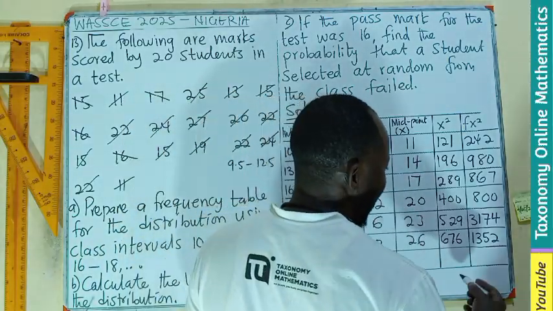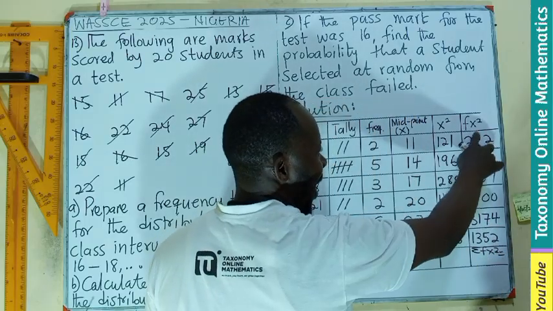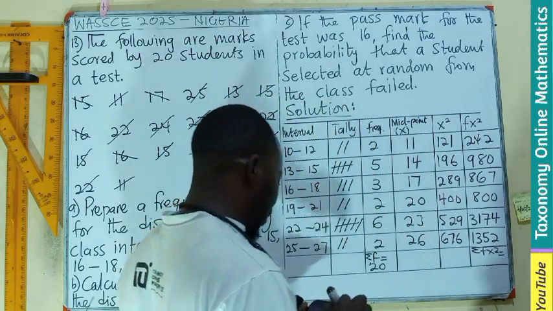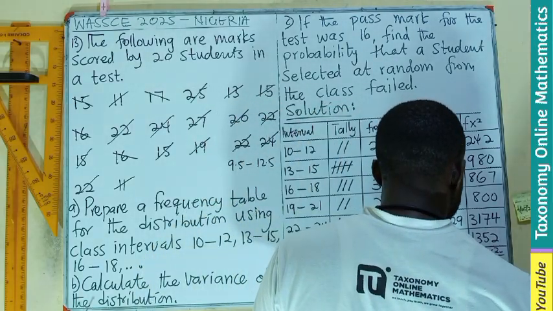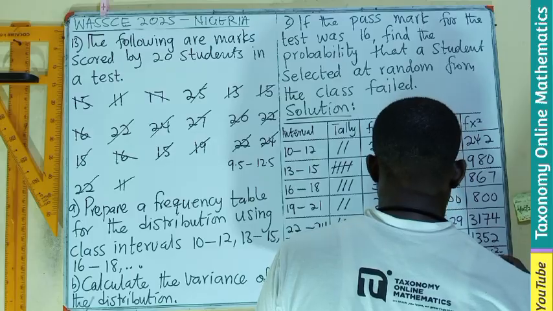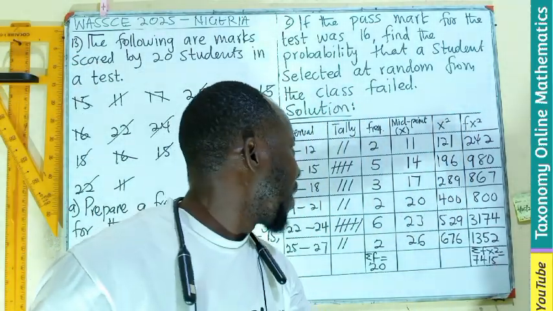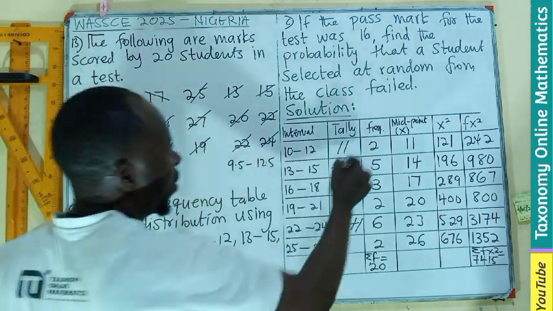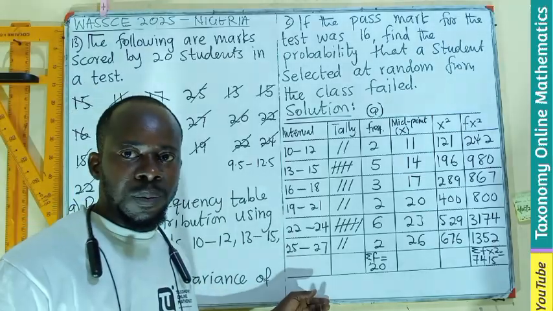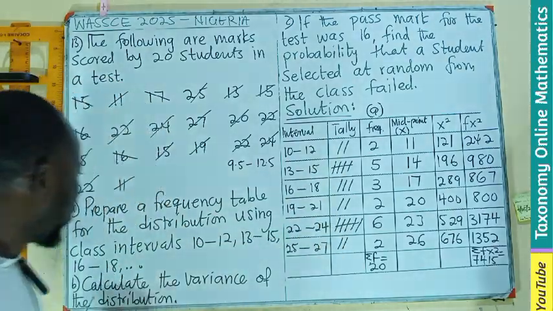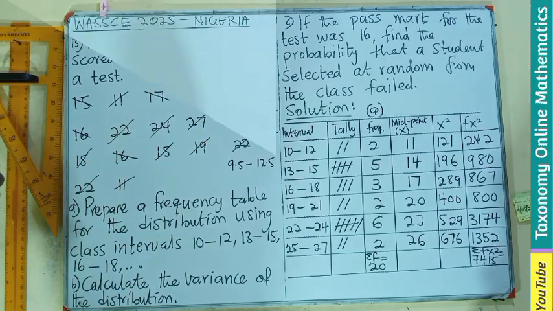Now we need to find the sigma fx squared, adding all these values, and on your calculator you should have 7415. This completes the first part of the question, the preparation of the frequency distribution table. Now we use this to find the variance and the probability.